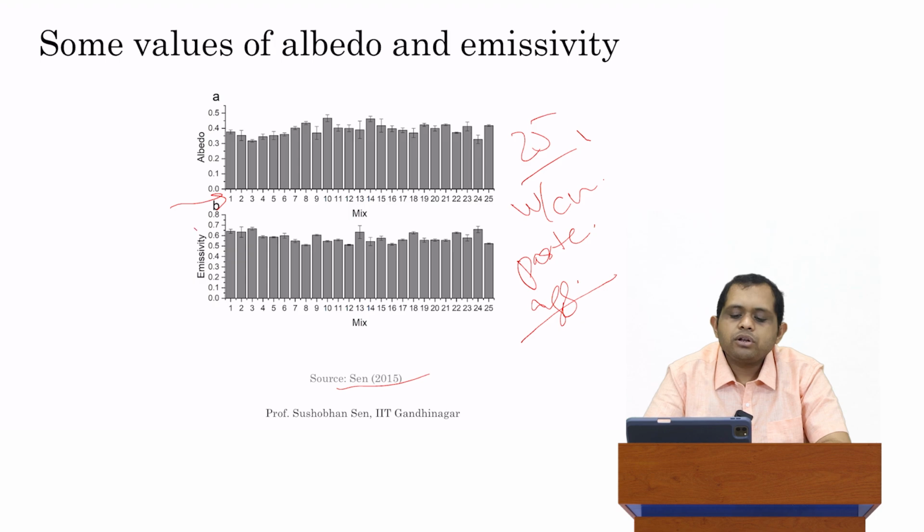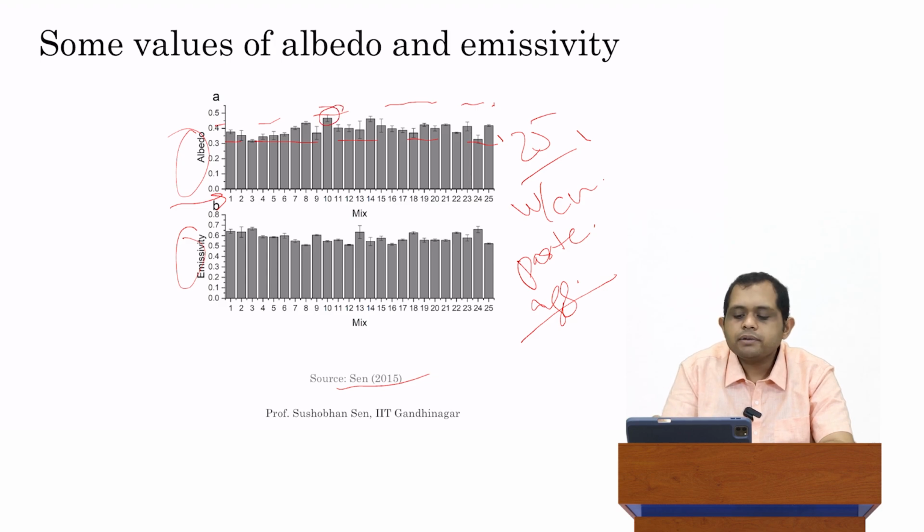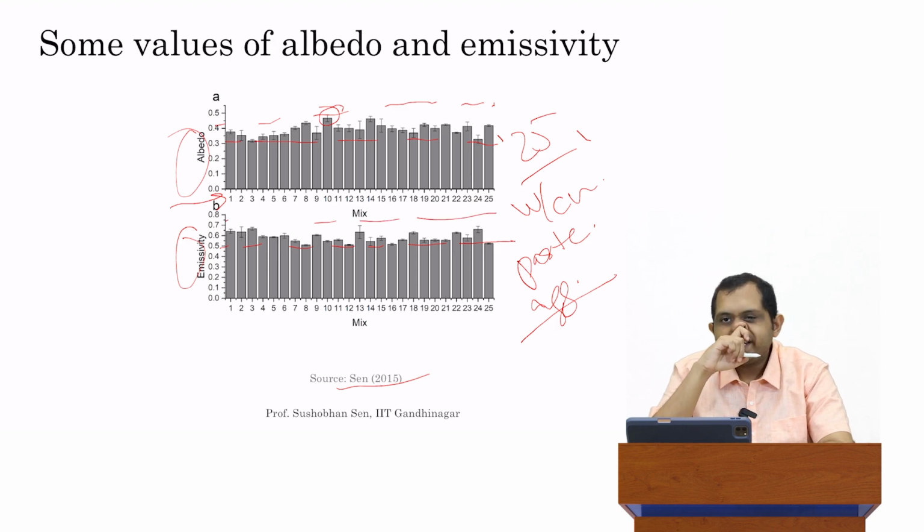And we measured the albedo and the emissivity for each of them. What we see over here, the albedo largely varies in this band, which is the same band I had pointed out, 0.3 to 0.4 roughly. Some values did go above 0.4 a little bit. And then we had other values we measured for emissivity. Here again, you see the lower value surprisingly came to quite low, which is 0.5. And the higher value that we measured was roughly around 0.8.